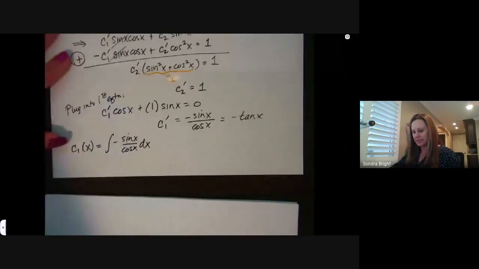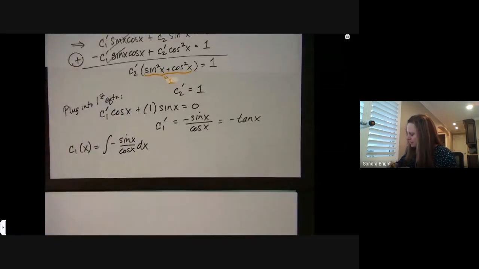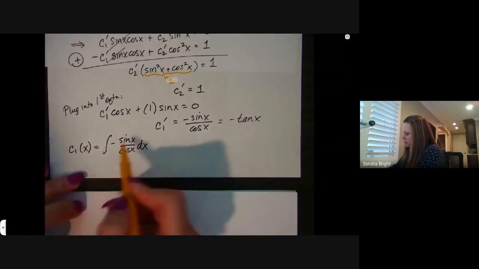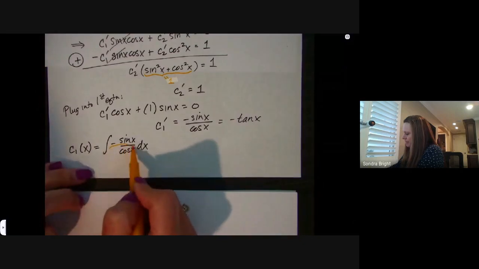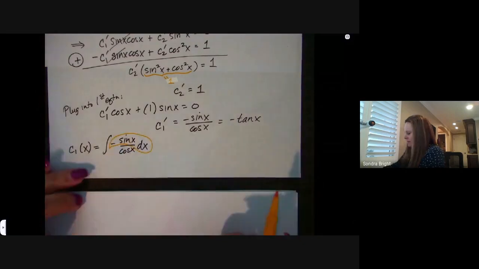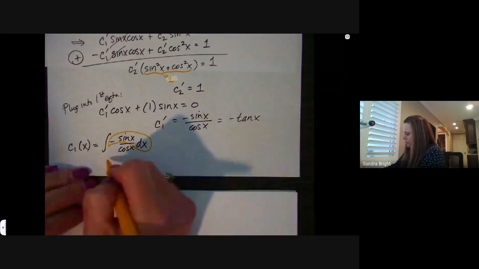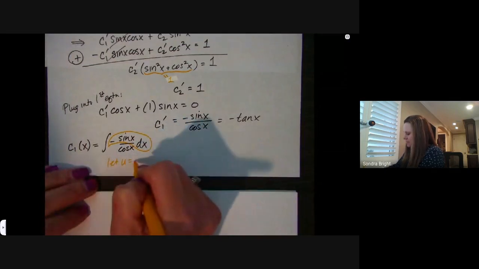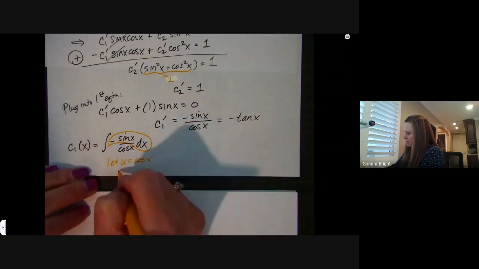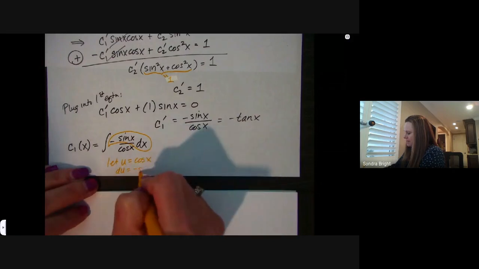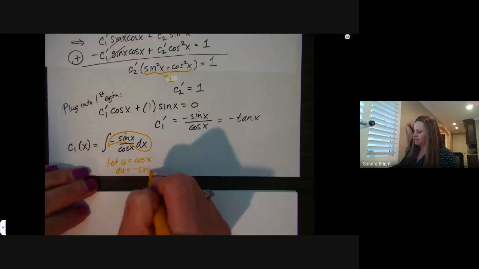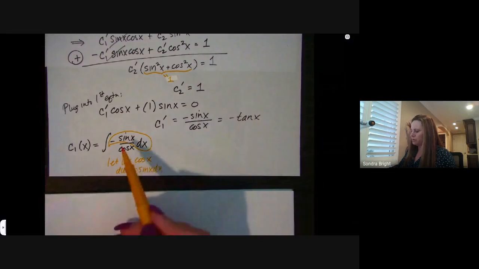That's because, do you see that if you let u equal cosine of x, its derivative is sitting right there. So if you let u equal cosine of x, then du is going to equal negative sine of x dx. And so you've got 1 over u du sitting right there.